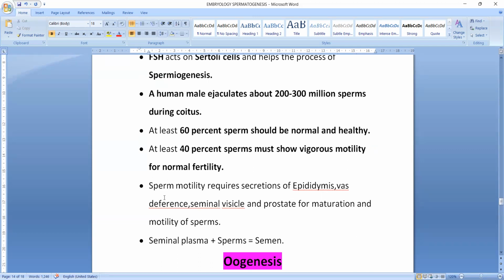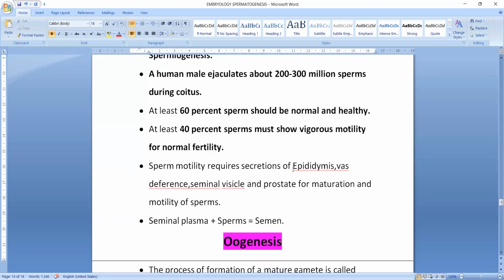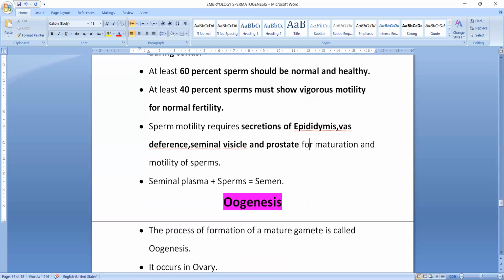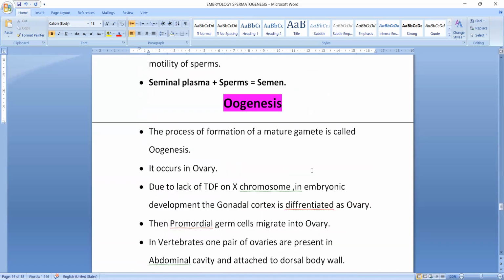Anyway, sperm motility requires secretions of epididymis, vas deferens, seminal vesicle, and prostate gland for the maturation and motility of sperm. Here, seminal secretion, that is seminal plasma, and the sperms are together known as semen. So that is about spermatogenesis.